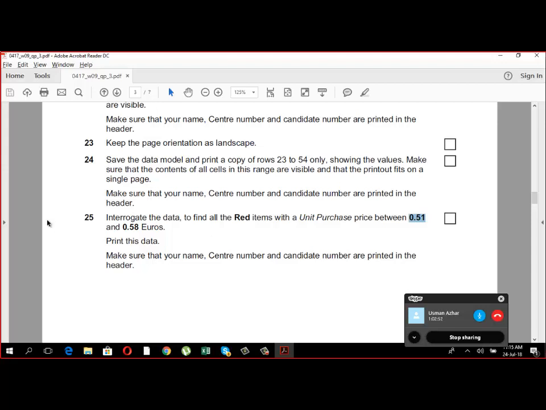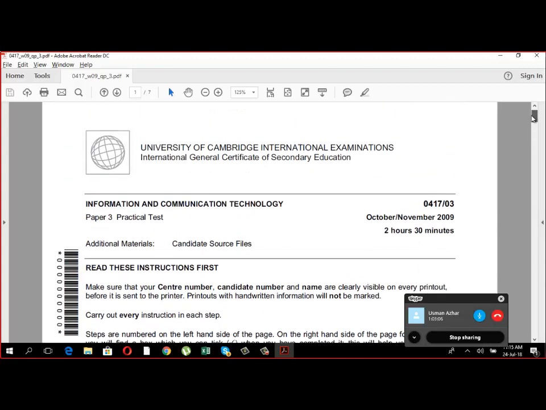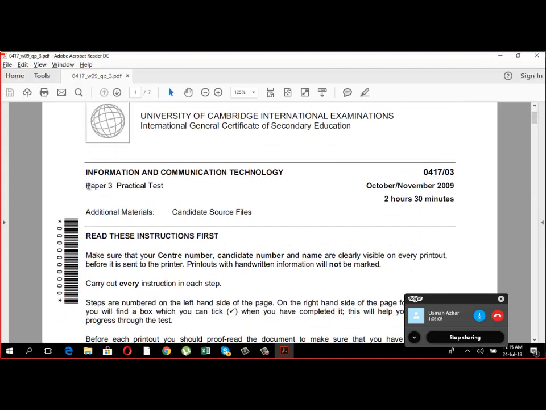In the exam, they will give one Excel test, one Excel paper, one PowerPoint. This is your paper three. In paper three, you will have Excel and Dreamweaver. In paper two, you will have PowerPoint, Word, Access, and Mailbird.